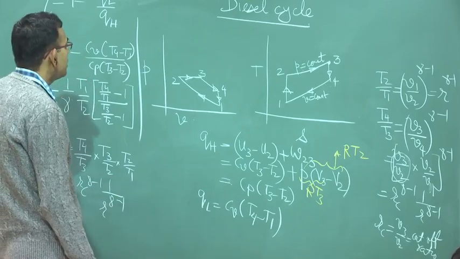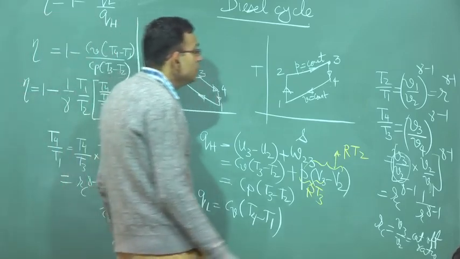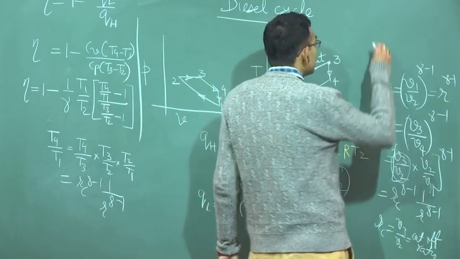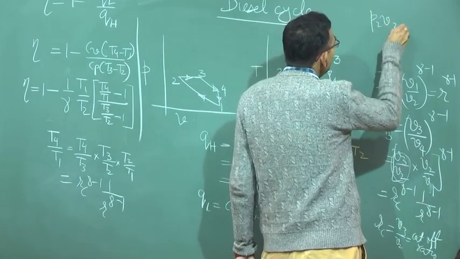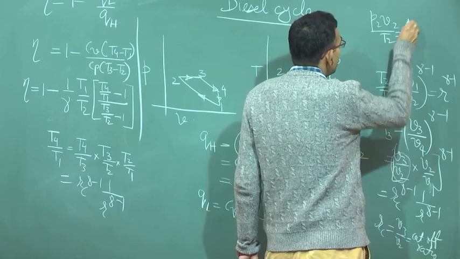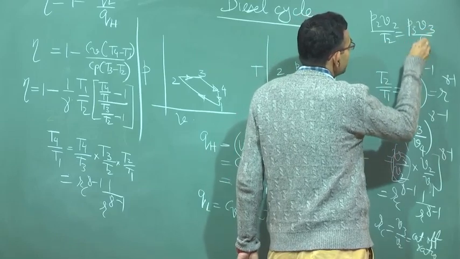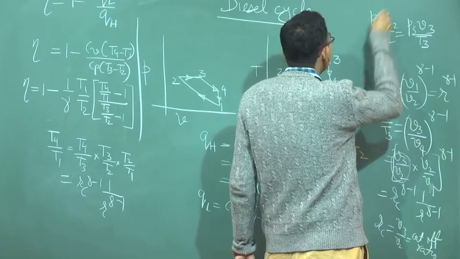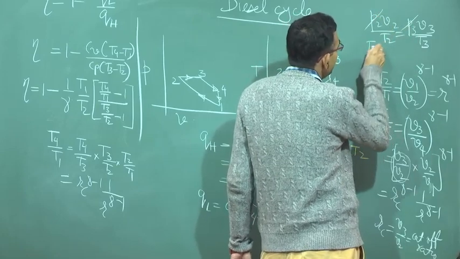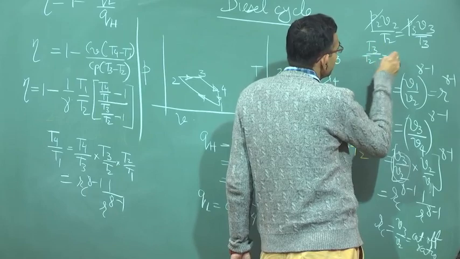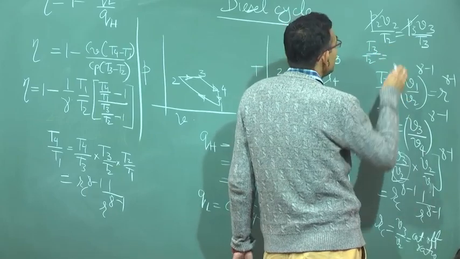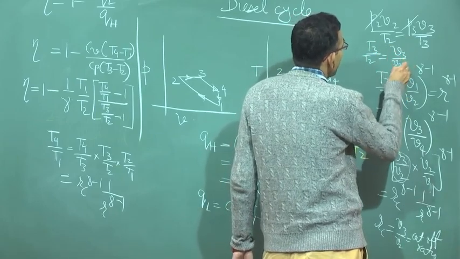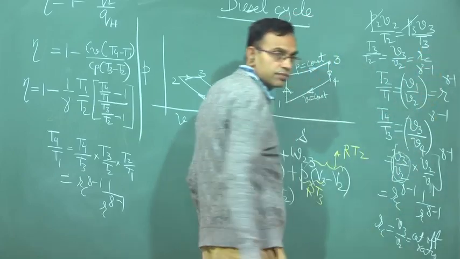What is T3 by T2? P2 V2 by T2 is equal to P3 V3 by T3, and P2 is the same as P3. So T3 by T2 is equal to V3 by V2, which is again equal to RC.